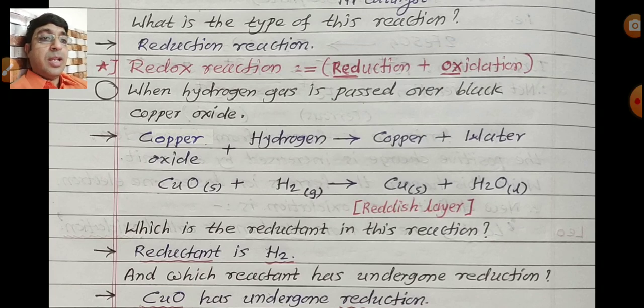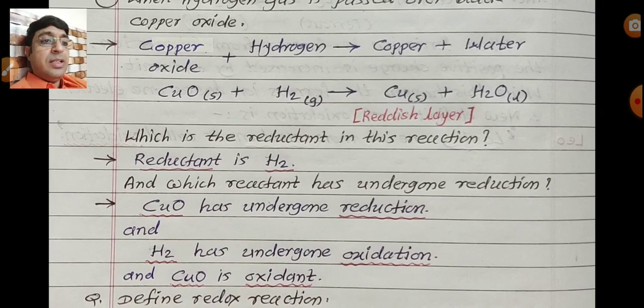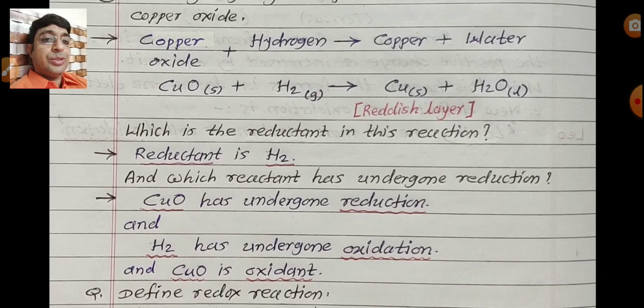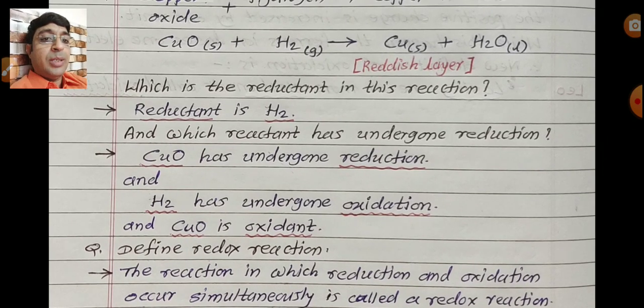When hydrogen gas is passed over black copper oxide, so try to write the answer in this way. So which is the reductant in this reaction? So write the answer like this, reductant is hydrogen. And which reactant has undergone reduction? So copper oxide has undergone reduction, and at the same time hydrogen has undergone oxidation.